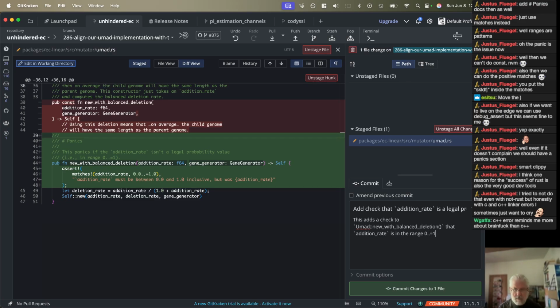Yeah, bop, boop. We should do this on the other mutation and recombination operators, but we'll save that for another issue.